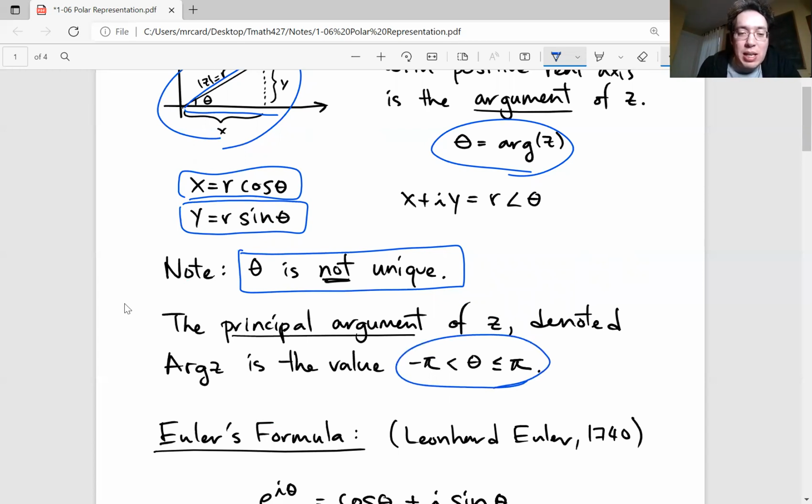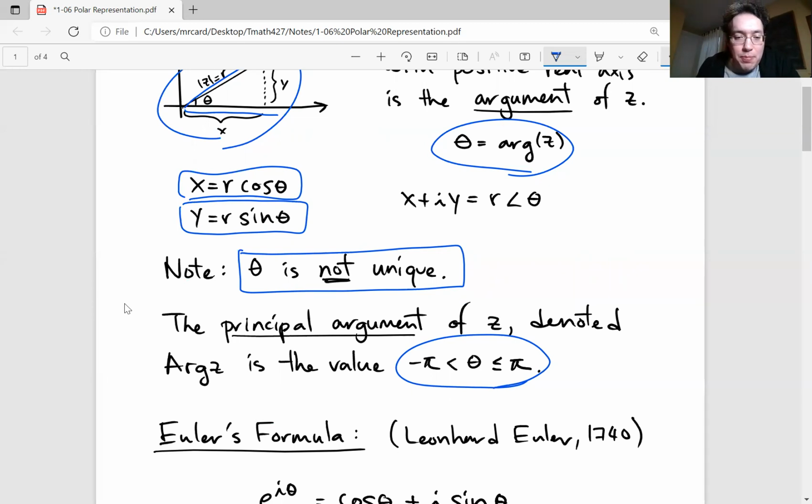We're just going to say the principal argument is the angle between negative pi to positive pi, including the positive pi. So that gives a window of 2 pi radians. Any angle could be described with some principal argument, and only one possible angle there.